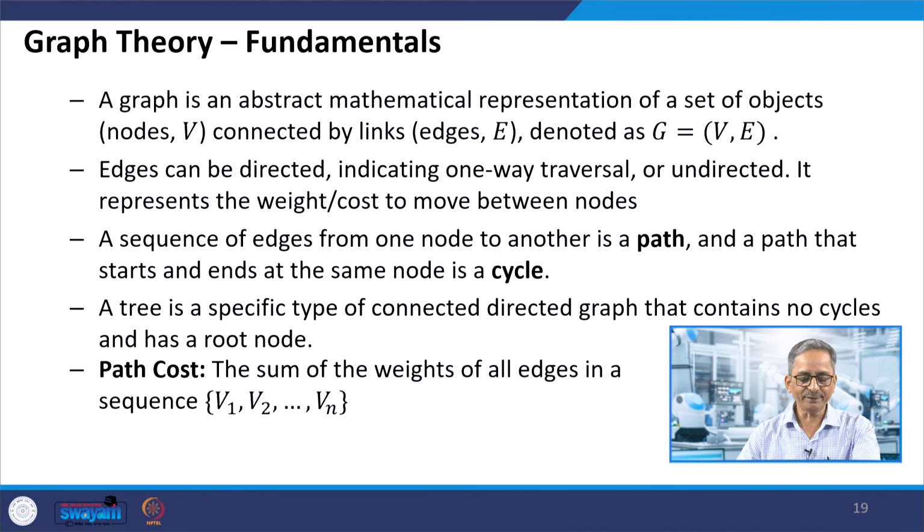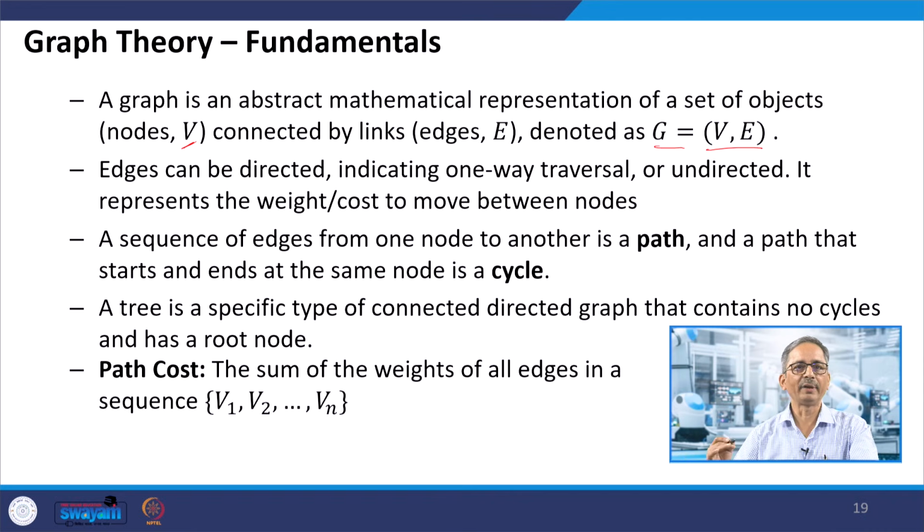Next, let us look at some concepts of graph theory. A graph is an abstract mathematical representation of a set of objects connected by links or edges, denoted as G = (V, E), that is vertices and edges. Edges can be directed, indicating one way traversal, or undirected, and can represent the weight or cost to move between the nodes.